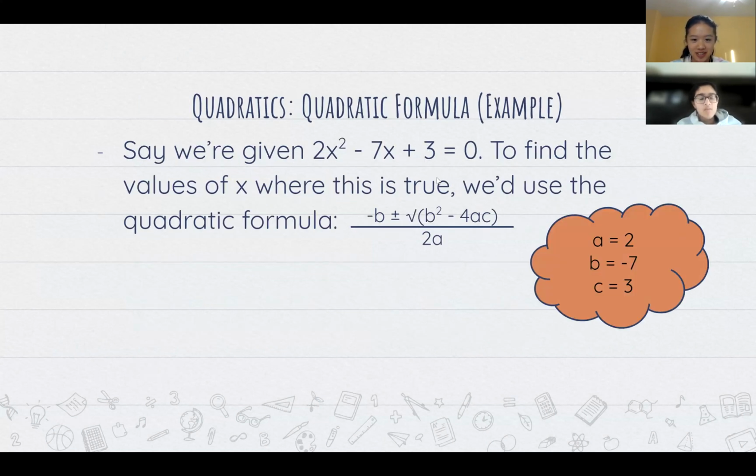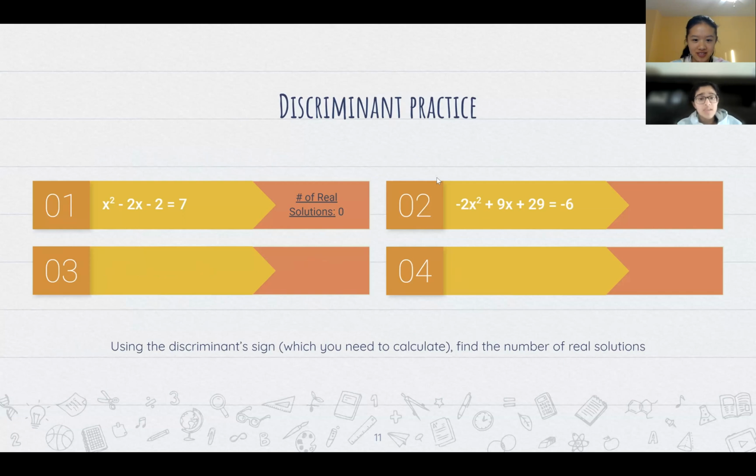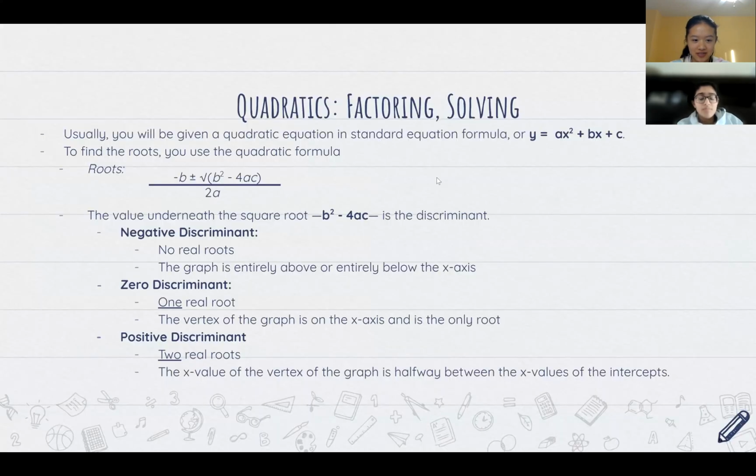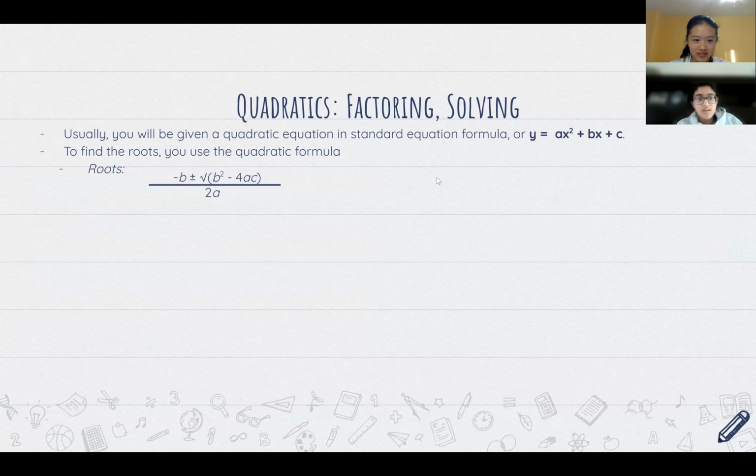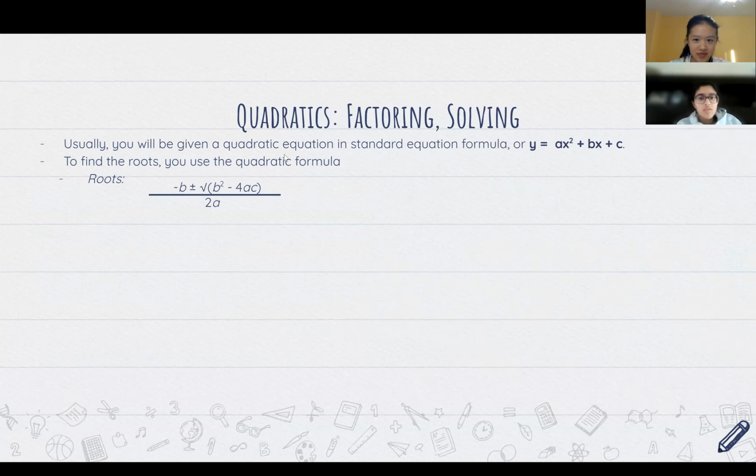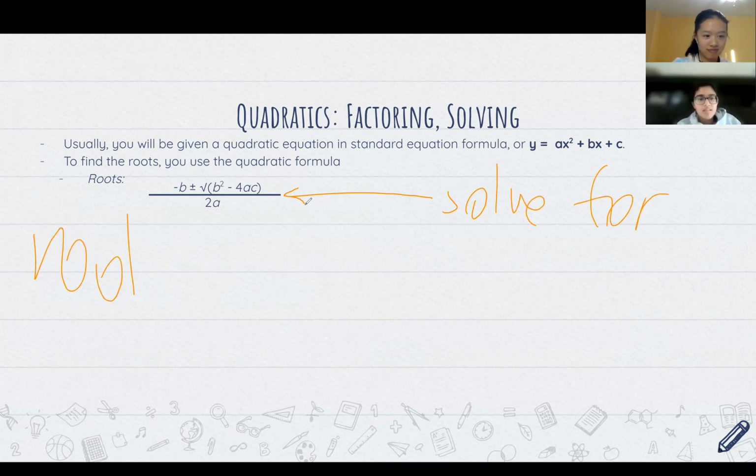So we'd use the quadratic formula, which is negative b plus or minus the radical of b squared minus 4ac, over 2a. We're given the coefficients a, b, and c when the equation is in standard form, ax squared plus bx plus c. You might want to write down the quadratic formula.